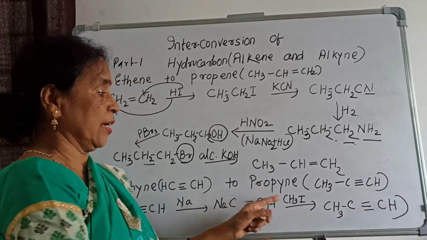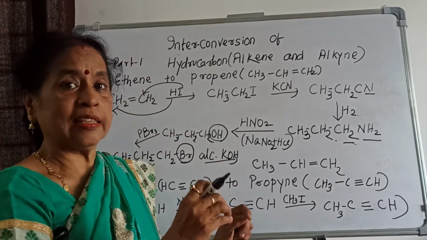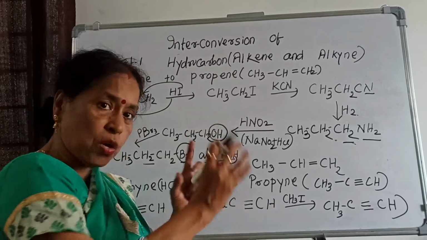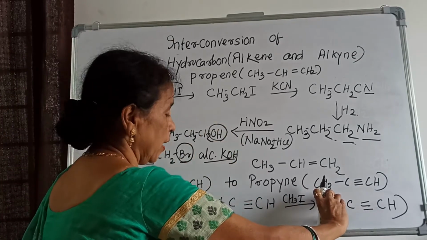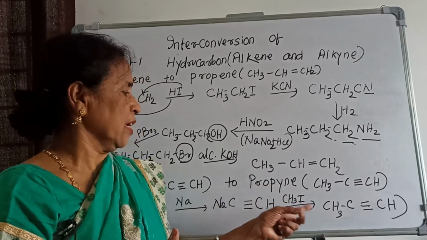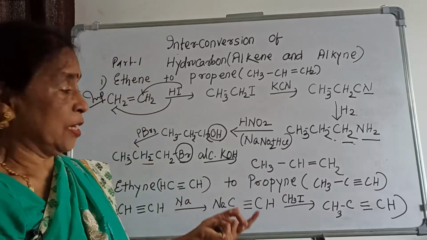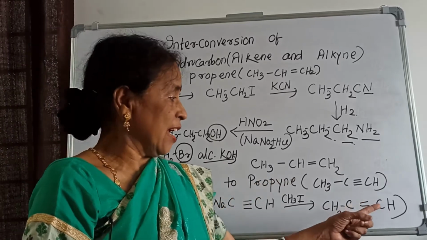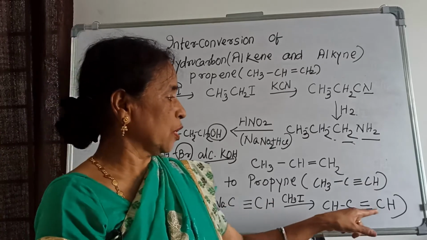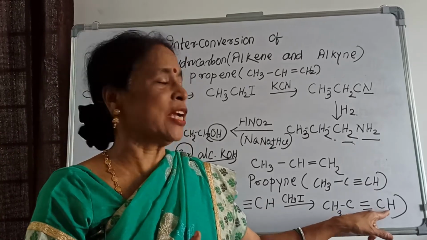And if you treat it with CH3I, meaning methyl iodide, then what is the product? The sodium is replaced by CH3. Then you get the answer, propyne. If the question were butyne, again this hydrogen is replaced by sodium and this sodium is replaced by CH3, then you would get butyne.